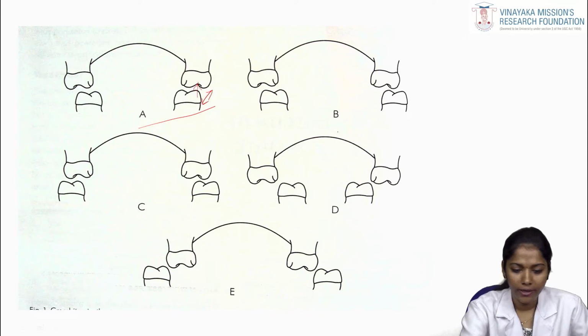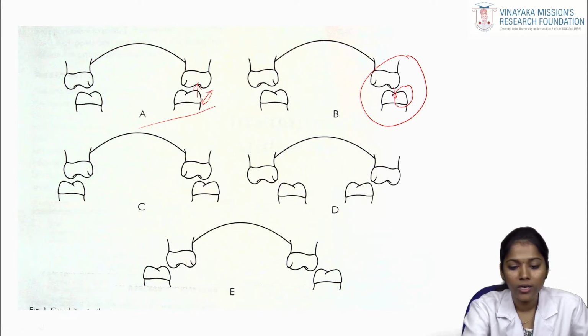Whereas if you see diagram B, you can appreciate very well that on the right side, as I am making the arrow mark over here, the buccal cusp of your lower molar is quite out, whereas the buccal cusp of your maxillary molar is coming in, occluding in the central groove of your lower molar.